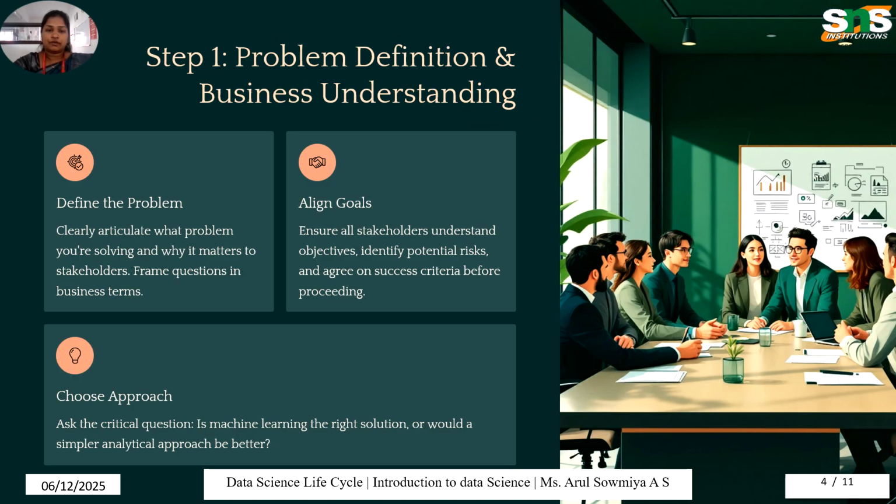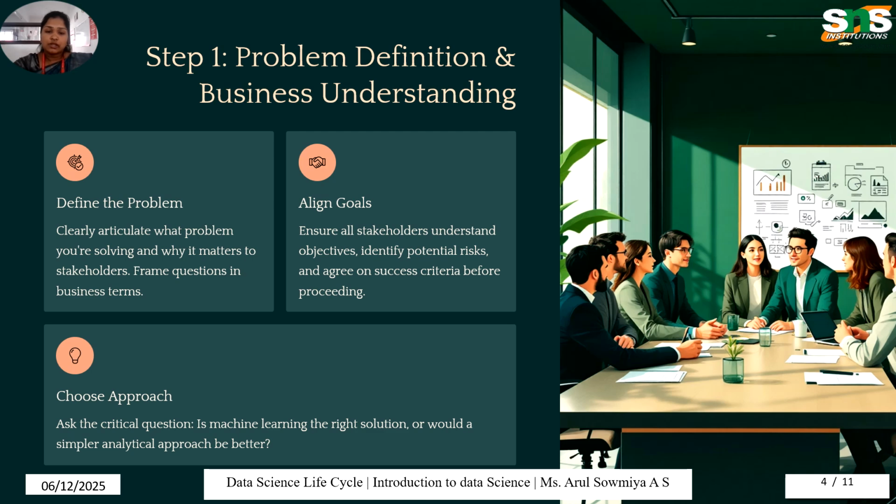So here we are going to see the step 1 process. In step 1, we are going to discuss problem definition and business understanding. So how do we define a problem? Clearly articulate what problem we are solving and why it matters to stakeholders. Now we frame the questions in business terms, and then we align the goals.